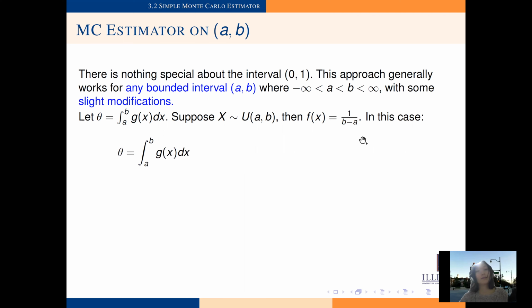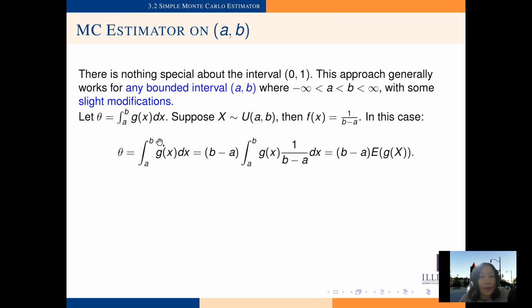So in this case, theta, which is equal to the integral from a to b of g of x dx, we can multiply it by b minus a outside the integral and multiply it by 1 over b minus a inside the integral. And that becomes the following, the part in the middle.